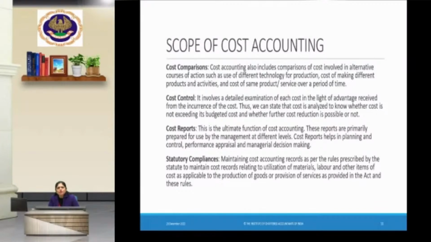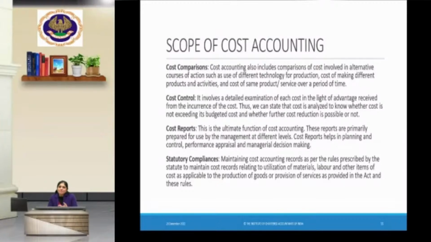We compare the cost of, let us say, different vendors. So I will fetch the requisitions or the purchase orders or the bids from various vendors of raw material, and then I'll select the best possible vendor who will give me the minimum cost, of course without compromising the quality of the raw material which I want.